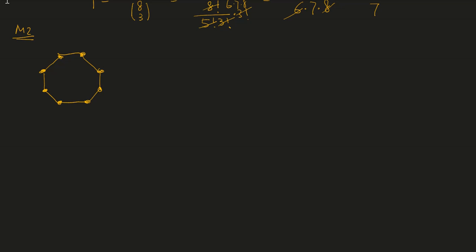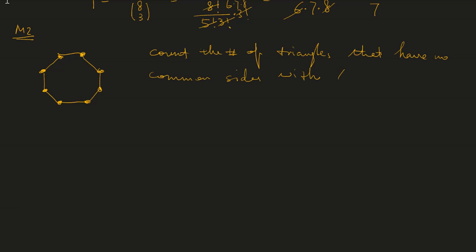Now, what we really want to do is to count the number of triangles that have no common side with the octagon, right? That's what we want to do, and this is the flip side of the story.